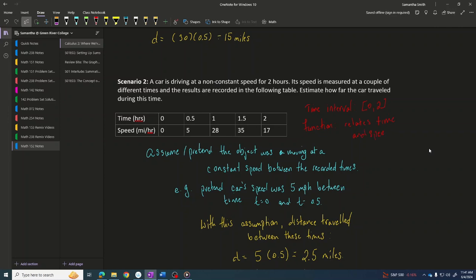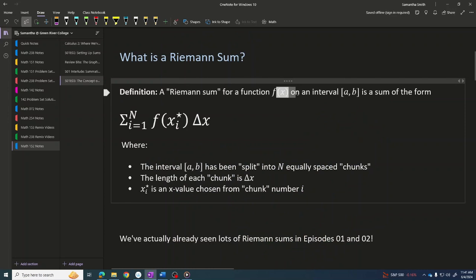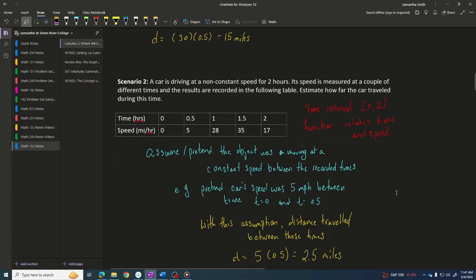And in this particular example, that function is being communicated using a table. This specific function relating time and speed in this scenario is analogous to this generic function, generically called f of x, in this formula. Here it's the generic function f of x; in this scenario, it was the specific function relating the time that had passed with the speed of the car.